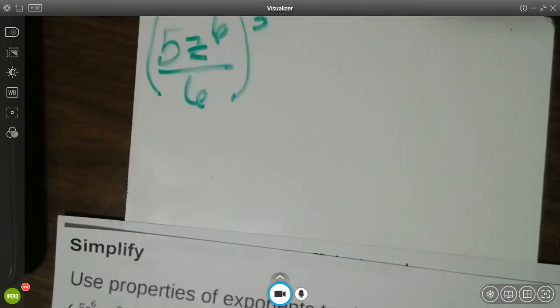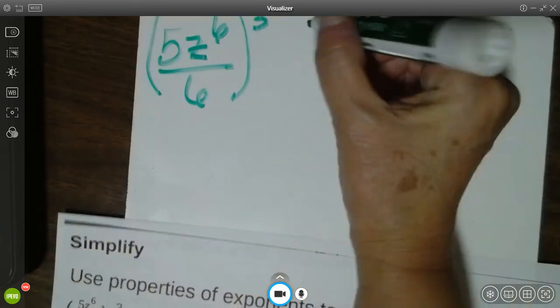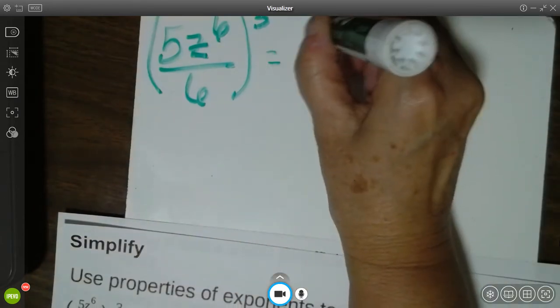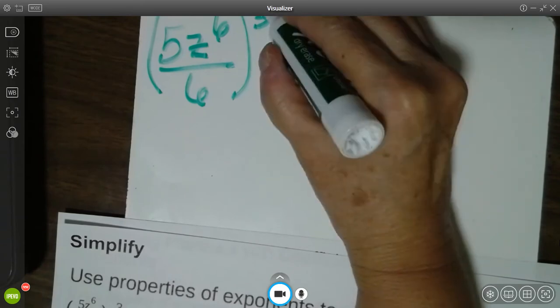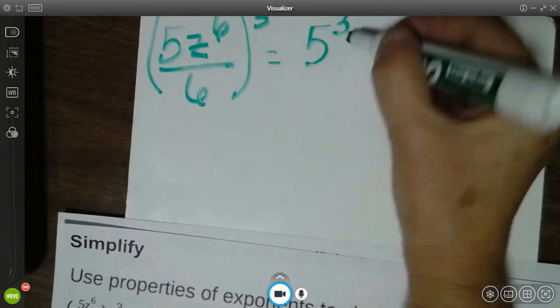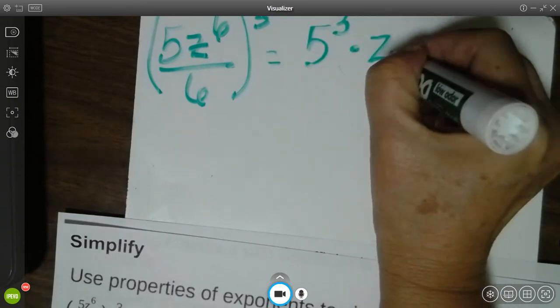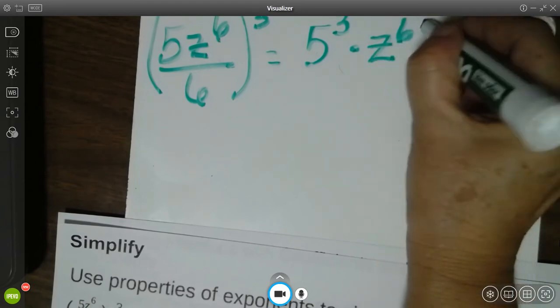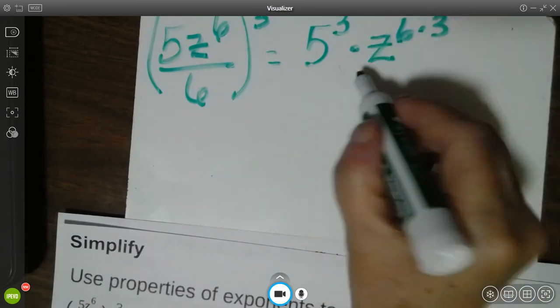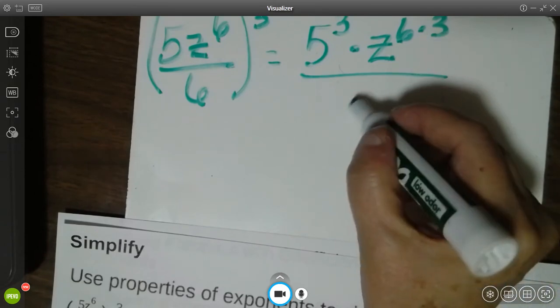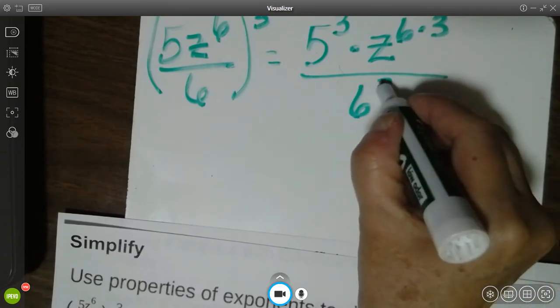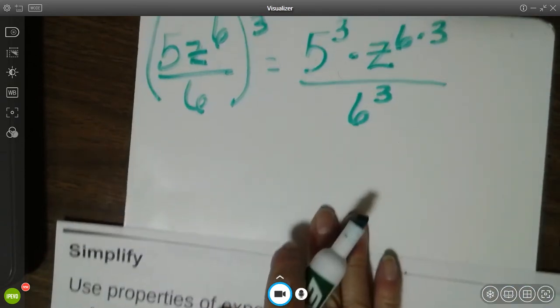So what does that mean? I can take 5, and I'm cubing it, times z to the 6 times 3. Do not forget your denominator. 6 cubed.